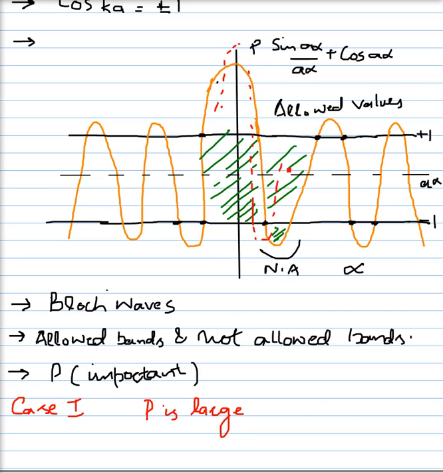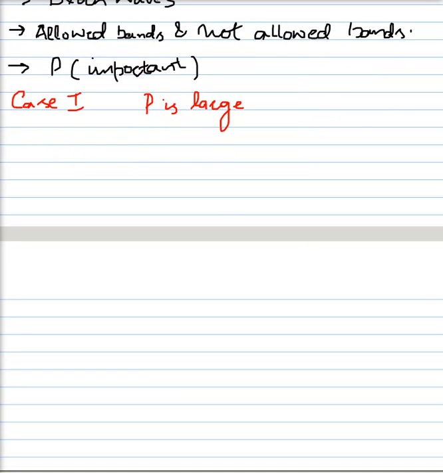And what will happen to the bands? Your bands will be narrow. So if P is large, the bands are narrow. Why? Because the curve is steep.